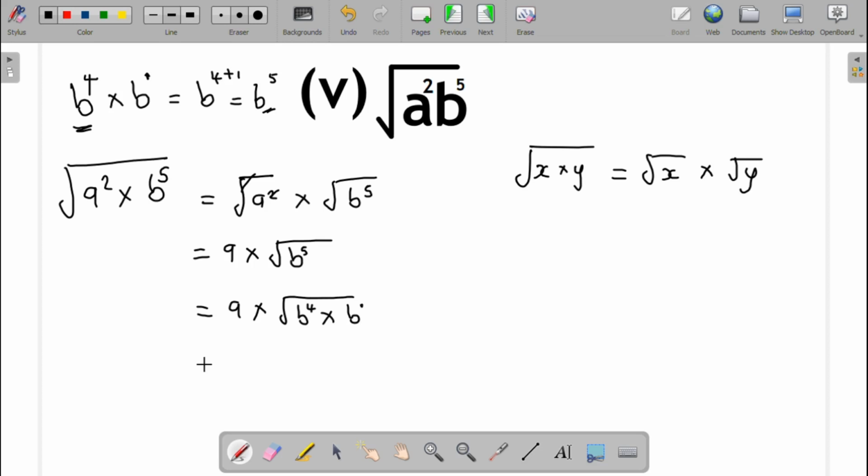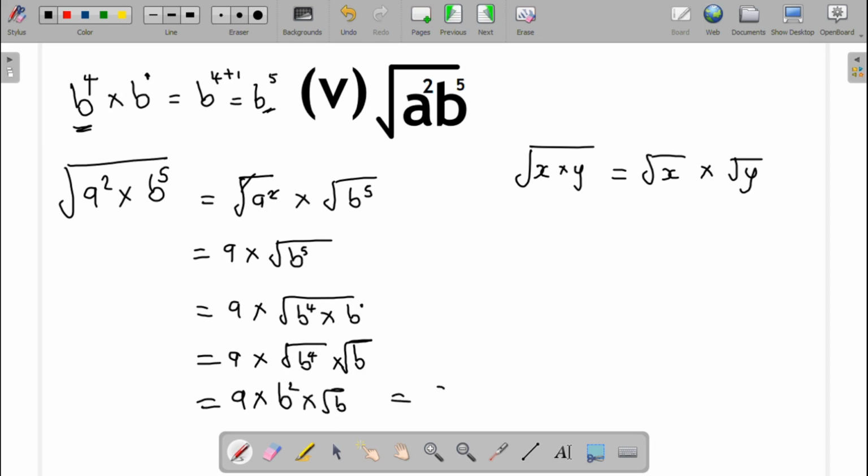Okay, now b raised to power 1 is still b. So a times root b raised to power 4 times b, following the rules of surd. Now this becomes a times, root b raised to power 4 is b squared, right, times root b.